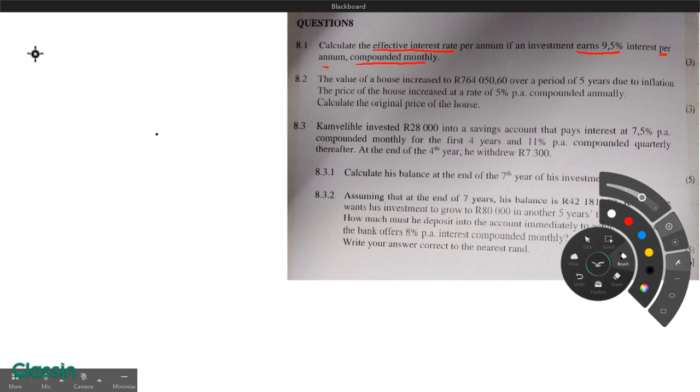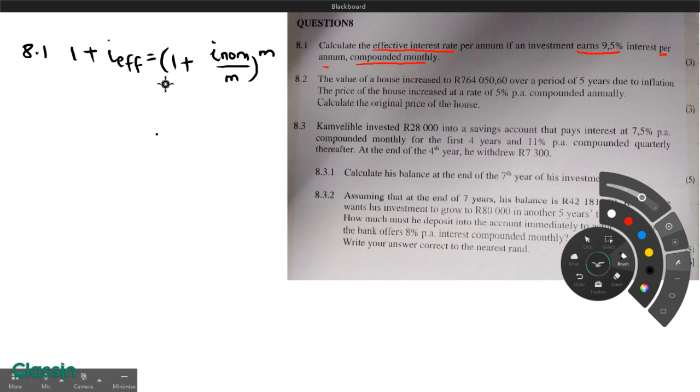In this case, in order for us to answer 8.1, we need the formula which says 1 plus I effective equals 1 plus I nominal over M, all to the power of M.